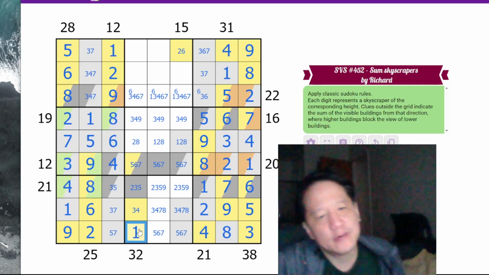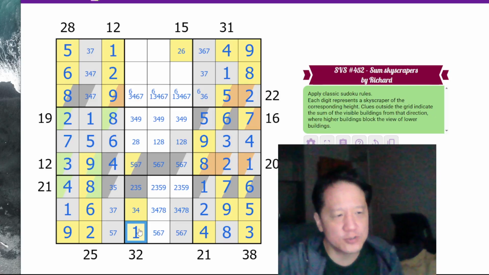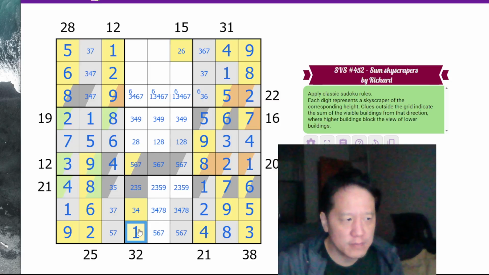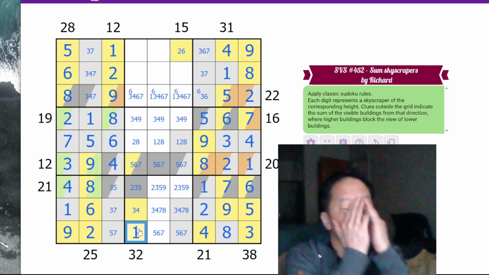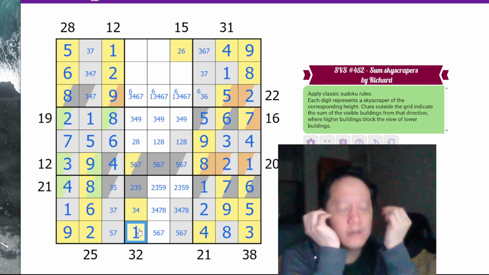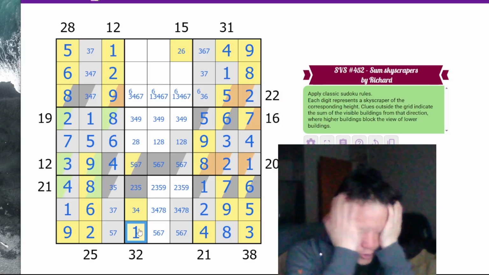Adding up, it's 45 minus 32 is 13. 13 minus 2. That means we're missing at least 2 other digits. So that means the other 2 missing digits add up to what? 11? Right, 13 minus 2 is 11.